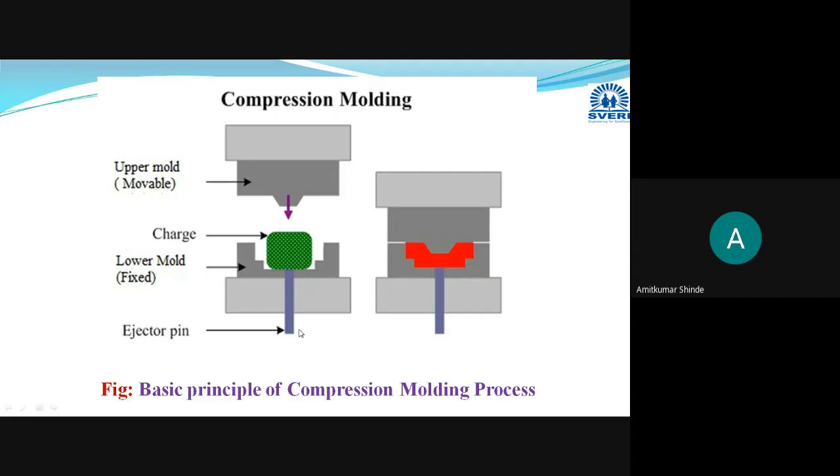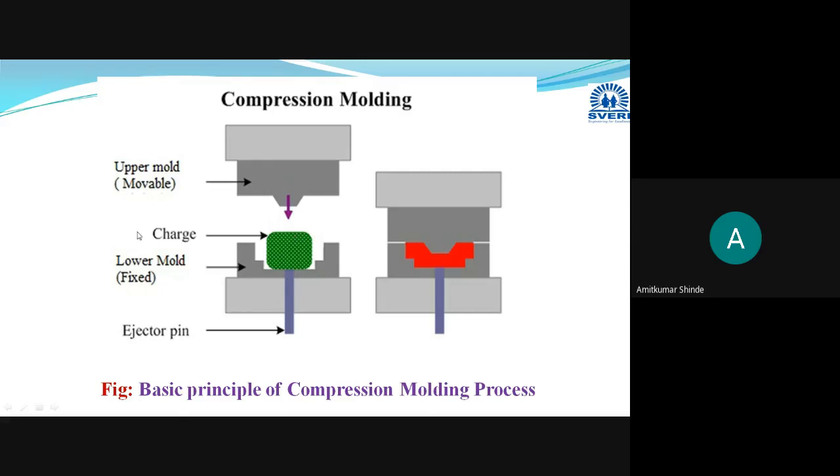In this way, these are the basic components involved in the compression molding process. I will repeat it again. The first component is the mold cavity or mold, present in two halves, the lower mold and upper mold. Lower mold is fixed and upper mold is movable. In the lower mold we pour the raw material, and the upper mold is used for applying pressure or to perform the pressing operation.